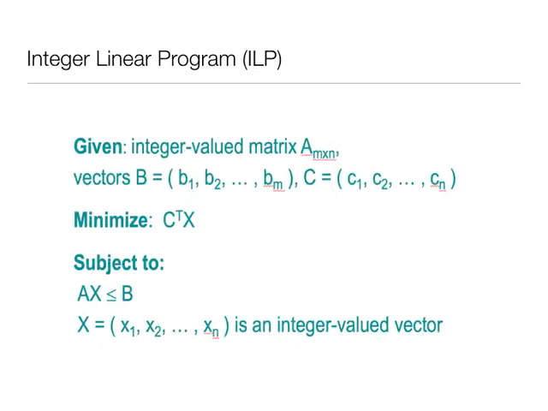So I'm minimizing a linear combination of x, subject to the constraint that Ax is less than or equal to b. By the way, b and c are also integer valued. Okay, so it's basically saying I have a set of linear constraints where the coefficients are all integers, and x is an integer value. Everything is an integer, and I have to solve that.